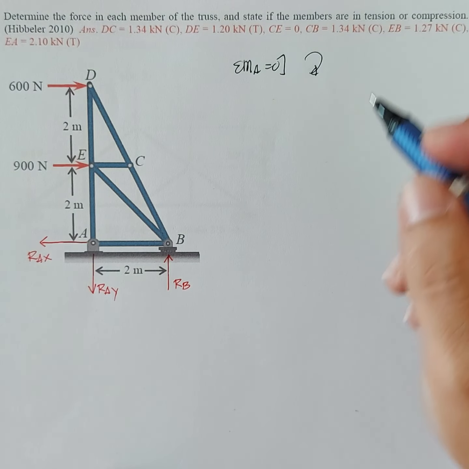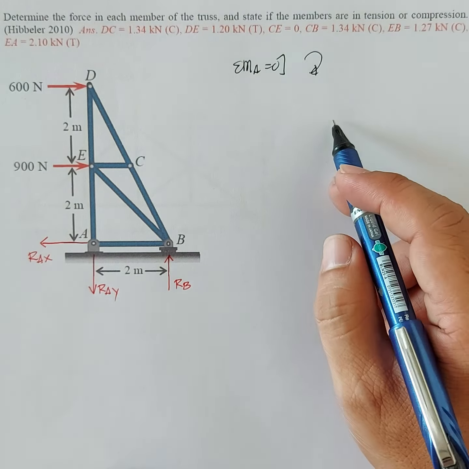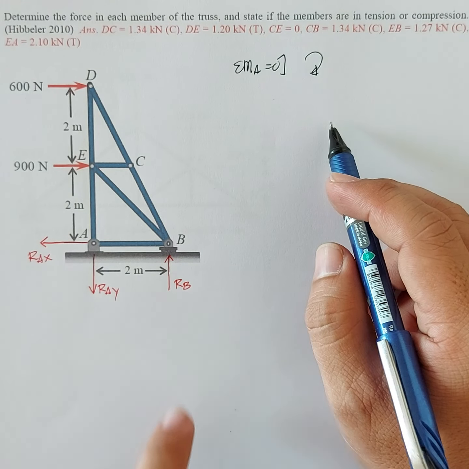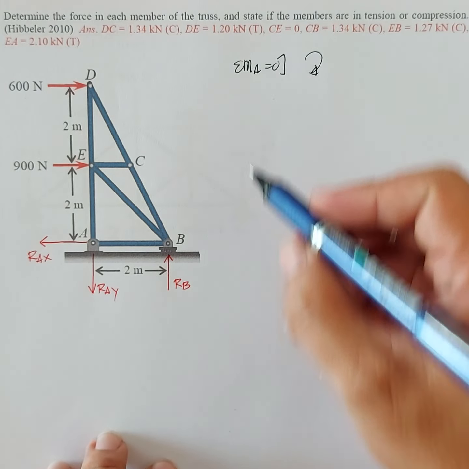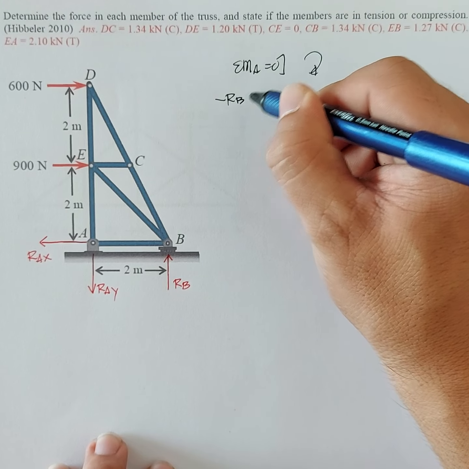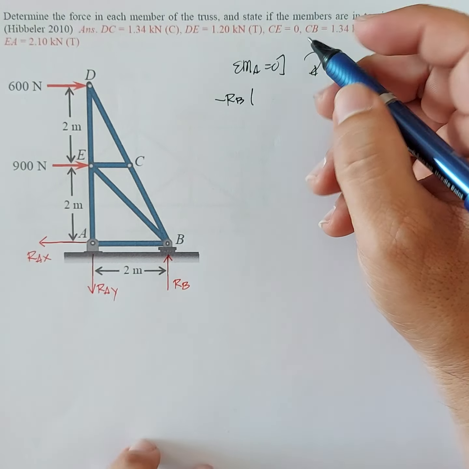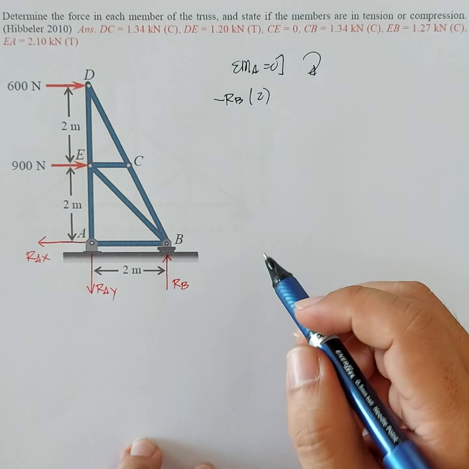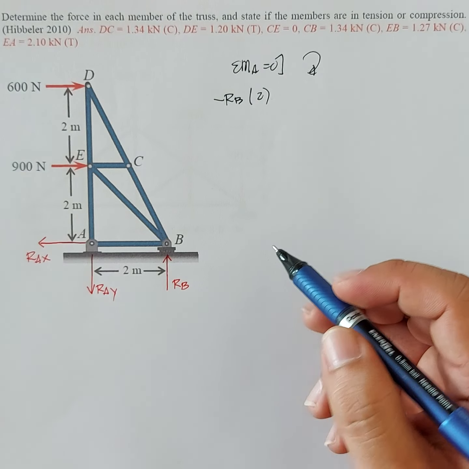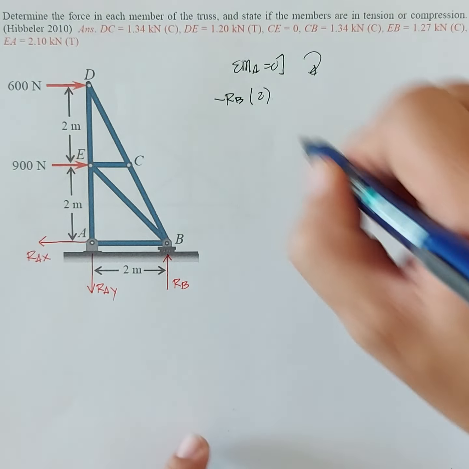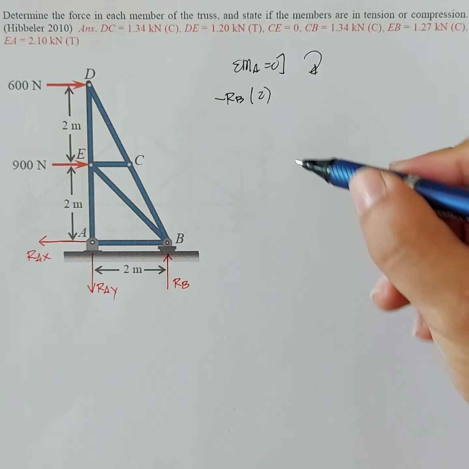Clockwise moments, positive. So we have, ano yung mga may moments sa A? Siyempre, yung RB natin, it creates a counterclockwise moment. So minus RB times its moment arm about A is 2 meters. May moment din yung 600 Newton force, which creates a clockwise moment about A. So positive siya.